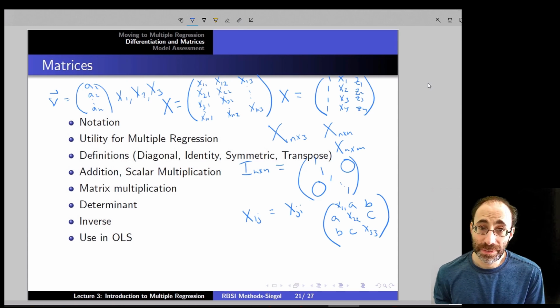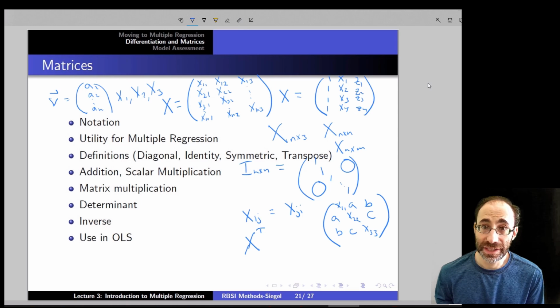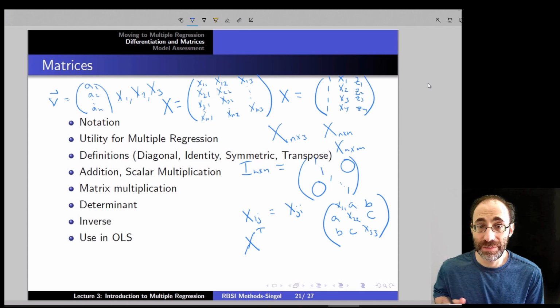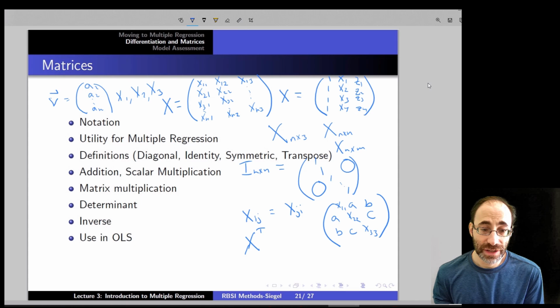And finally, the transpose of the matrix, usually written x transpose, is the matrix you get by flipping all the xij's for all the xji's. So diagonals stay the same, and then all the ij's become ji's and vice versa. So that looks like this.